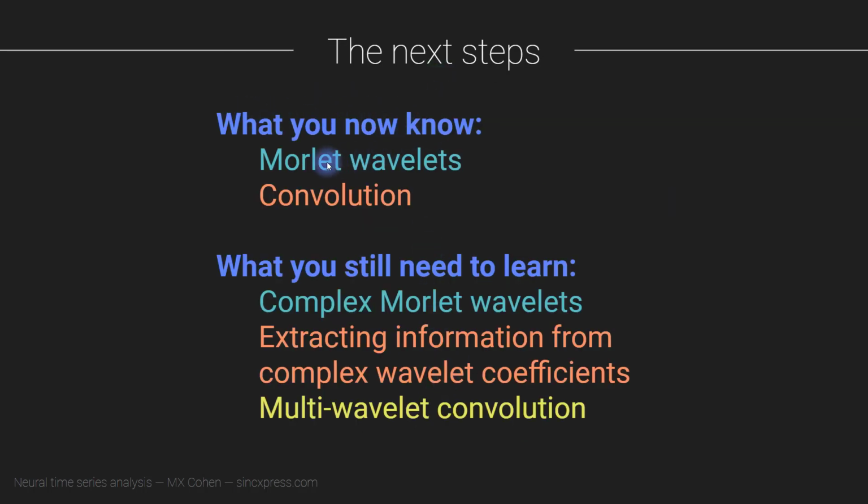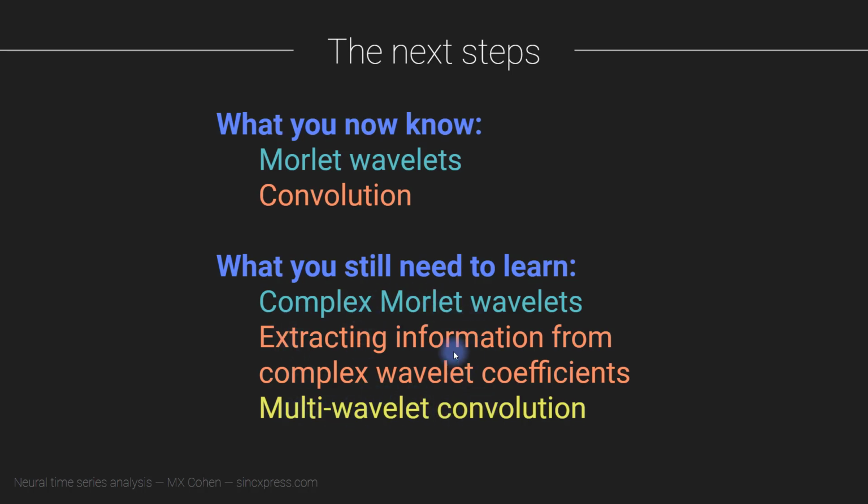What you know now is you know about Morlet wavelets, you know about convolution, you know about the Fourier transform. There's still a few more things that you need to learn before you are ready to do a complete, full-on, legit time frequency analysis. So you need to learn about complex Morlet wavelets, you need to learn about extracting information from complex wavelets, and you need to learn about multi-wavelet convolution.